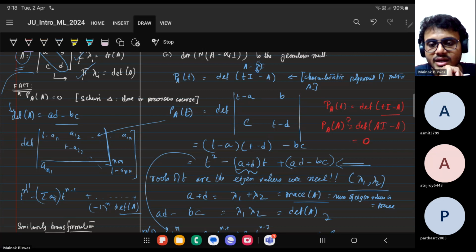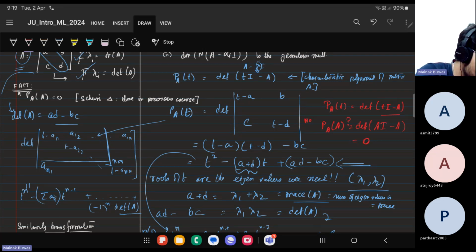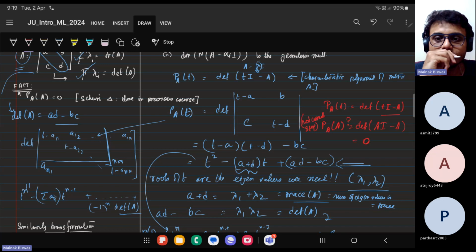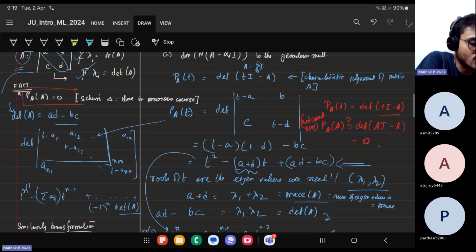Intuitively, this step is not correct. But do you see that if you put the value of A in the determinant, you should get 0? Can you tell me why it is not correct? Remember this fact. The way to remember is just putting the value of A in this equation, but this is not a correct step.